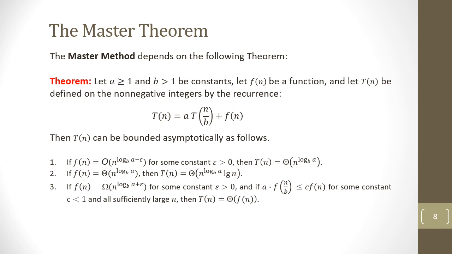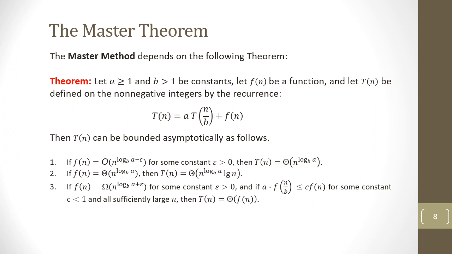If f(n) is big omega of n^(log base b of a plus some constant epsilon), with epsilon greater than 0, and if a f(n/b) is less than or equal to c f(n) for some constant c less than 1 and all sufficiently large n, then we can say T(n) is theta of f(n).